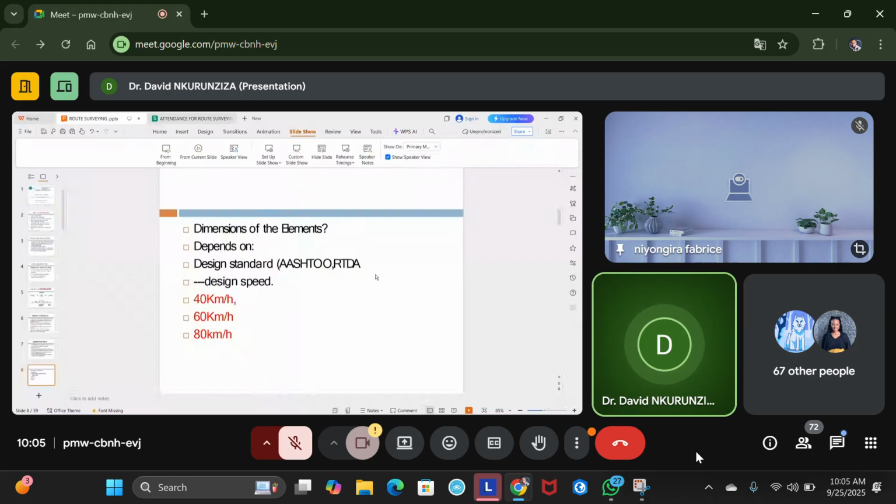So, for example, the Rwanda Transport Development Agency has established some design speeds: 40, 60, and 80.